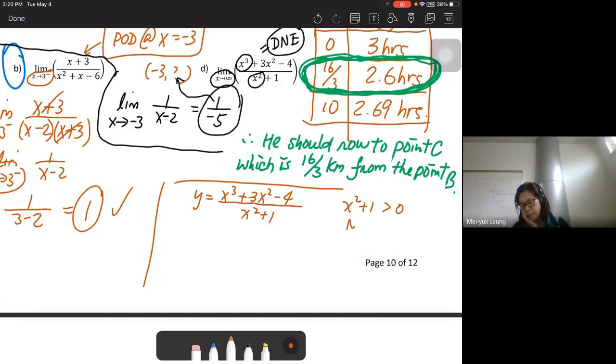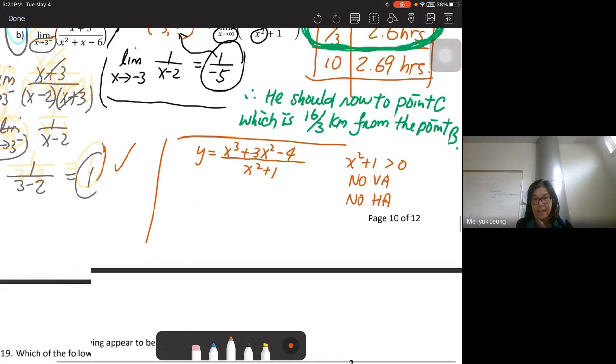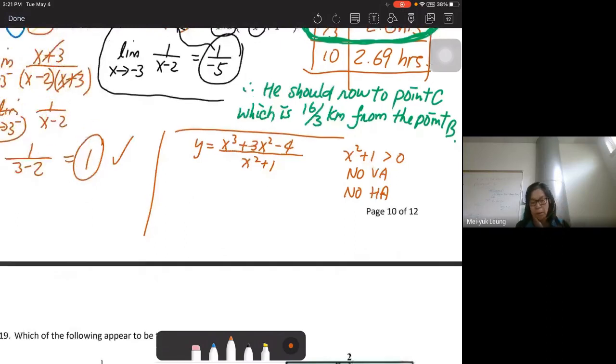So this graph doesn't have any vertical asymptote, and it doesn't have any horizontal asymptote as well. But do we expect to get a slant asymptote on this curve? Yes. This is something you need to remember: when the degree of the numerator is 1 degree greater than the degree of the denominator, then you will expect the graph has a slant asymptote.